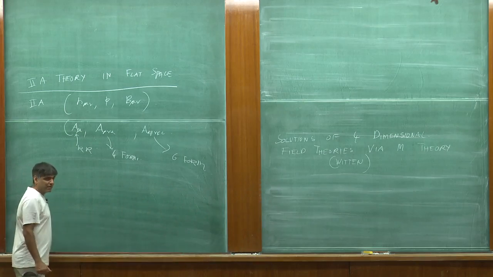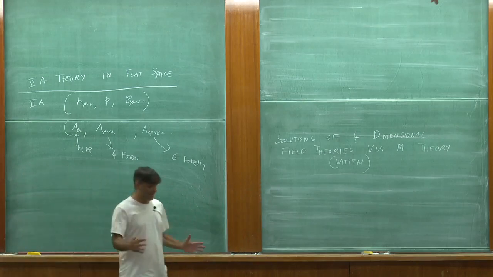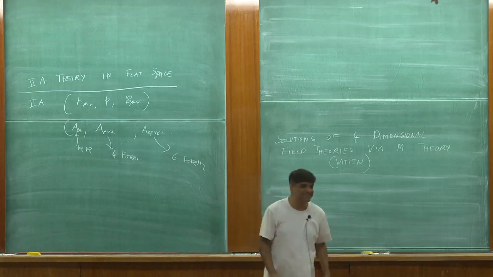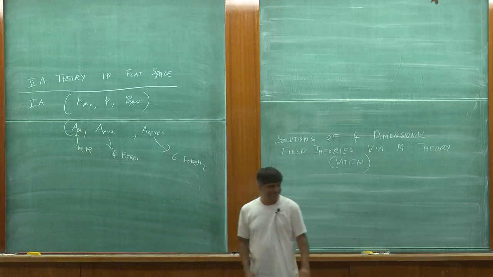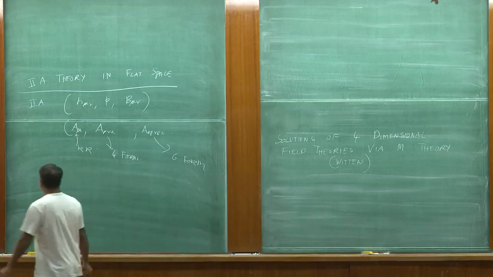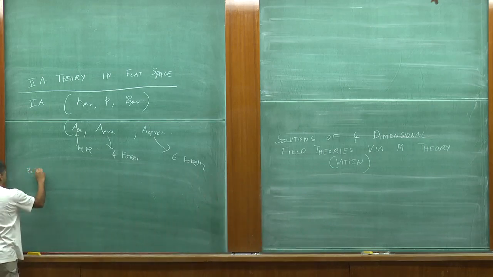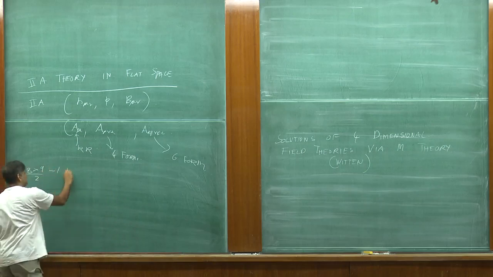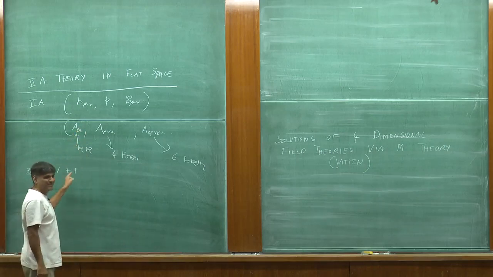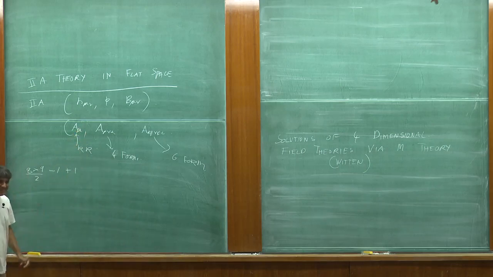The total number of degrees of freedom: we're in 10 dimensions and we're counting massless fields. So the group theory relevant is SO(8), it's SO(D-2). So in the metric, it's 8 into 9 by 2, minus 1. The minus 1 is the tracelessness. But then there's plus 1, that's for the dilaton, which was more or less the trace of the metric.